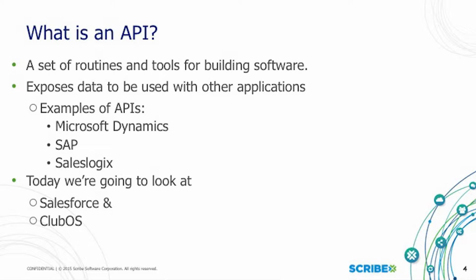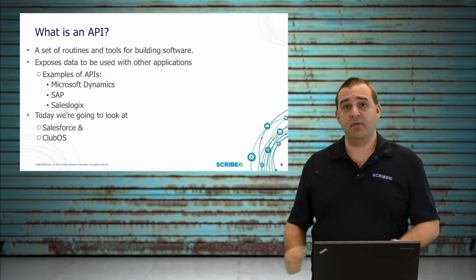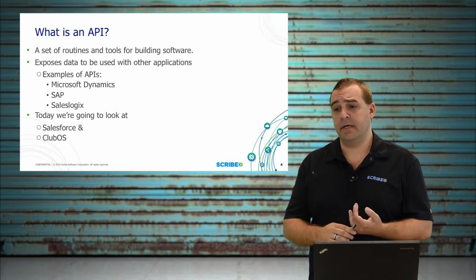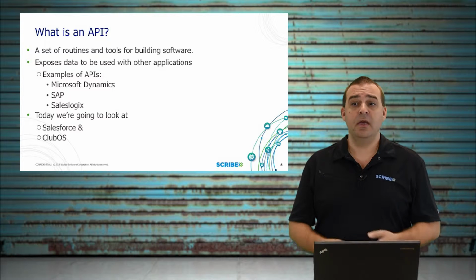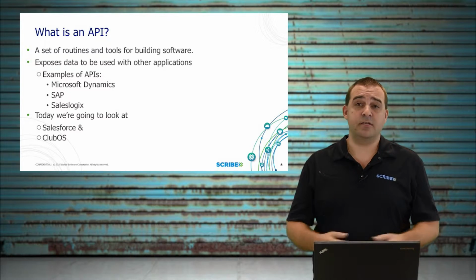What is an API? An API exposes data to be used with the rest of the world, with any other application. And there are multiple great examples of this: Microsoft Dynamics, an ERP system like SAP, Salesforce, SalesLogix. They all have great APIs that allow you to integrate your applications with other systems.